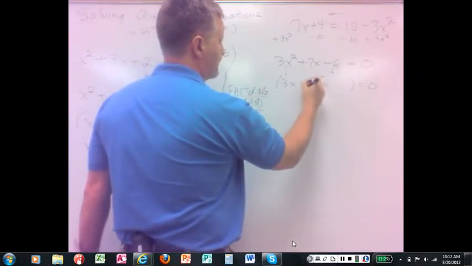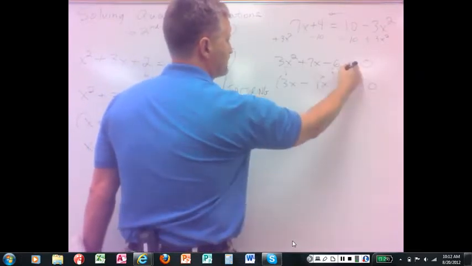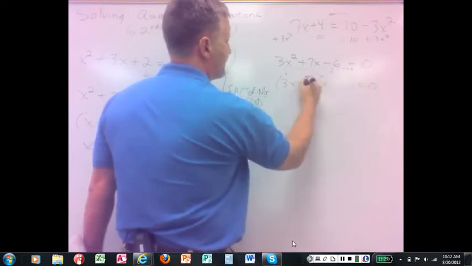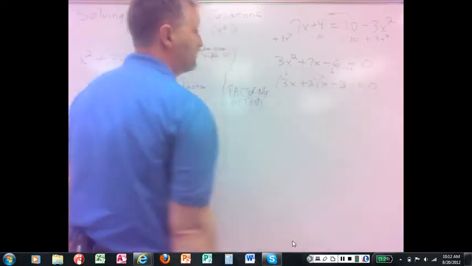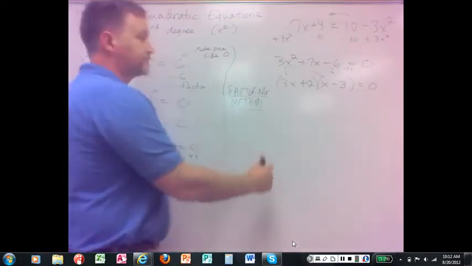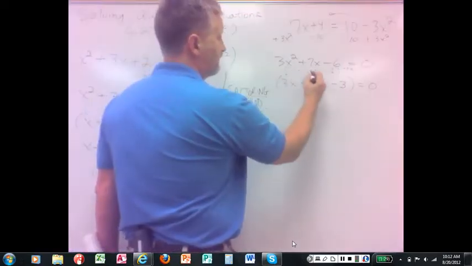Let's say I go with this one, just to make a point. Let's say I go with positive 2 and negative 3 in that order for negative 6. That may or may not be what I need, because I need it to FOIL back to get that.